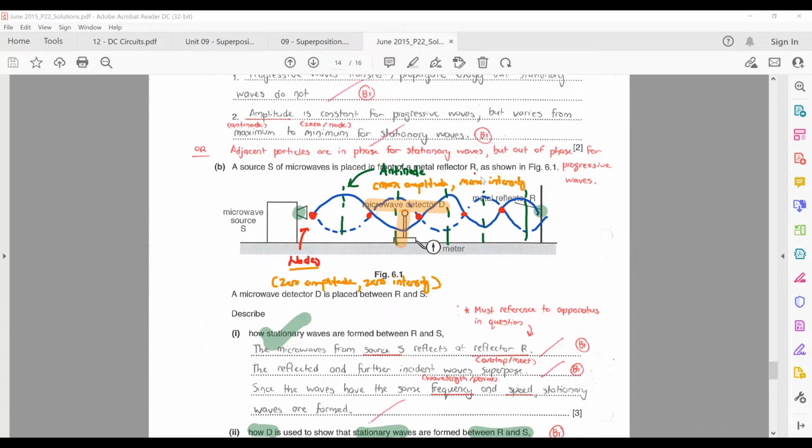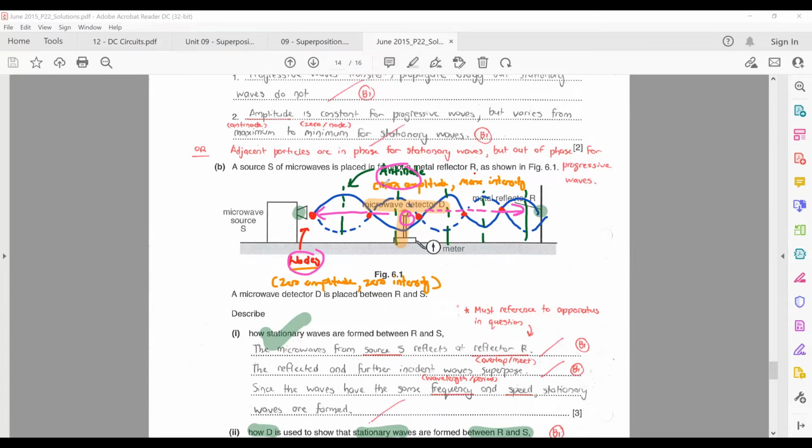So you imagine right now, if you were to move your detector towards the left and towards the right, you will keep on hitting the nodes and antinodes alternatively. Okay. Once you hit the node, you will hit the antinode, and then you will hit the node again, and then you will hit the antinode again.